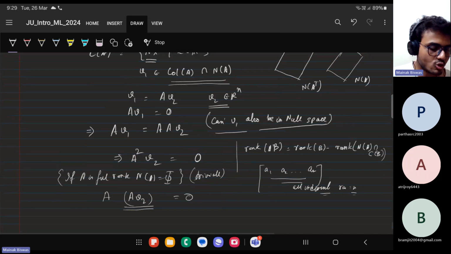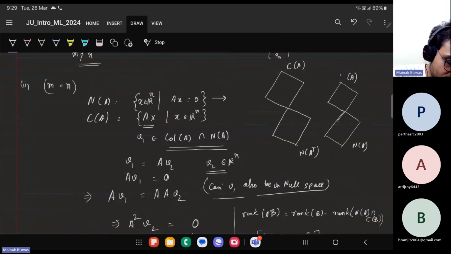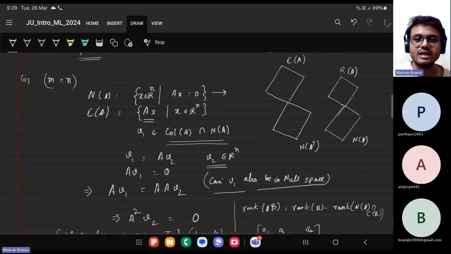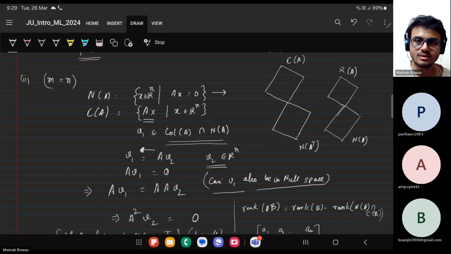You can take V2 in any space, multiply that V2 with A, and you get V1, right? But by definition, V2 cannot be in the column space. If it is in the column space, you could write V2 as A V3 and so on, right?